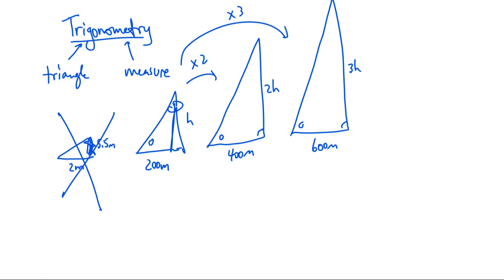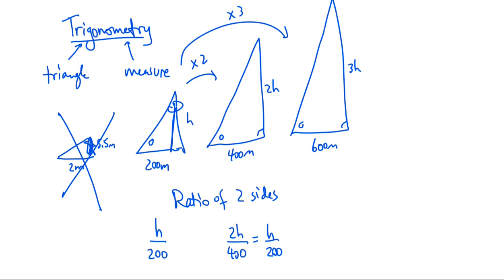Now, if I was to take the ratio of two sides in the triangle, let's say, for example, I'll take the two sides that I know. In the smallest triangle, my ratio would be h over 200. My middle triangle would be 2h over 400, which actually reduces to h over 200.